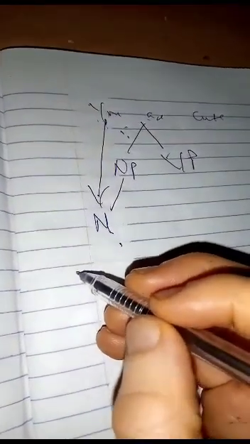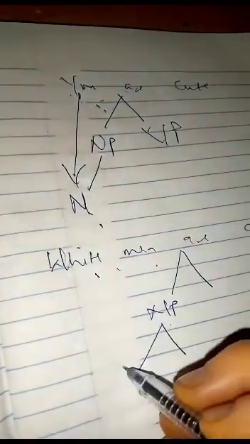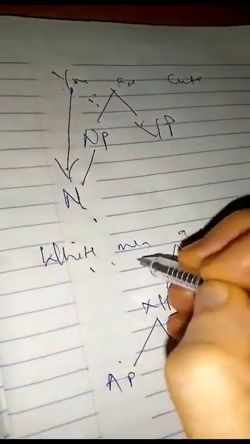All right. So if I say, I'll just say white men are caring. So white men is an NP having an adjective under an AP, and man is a noun.